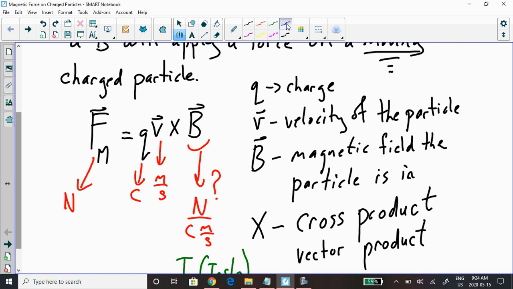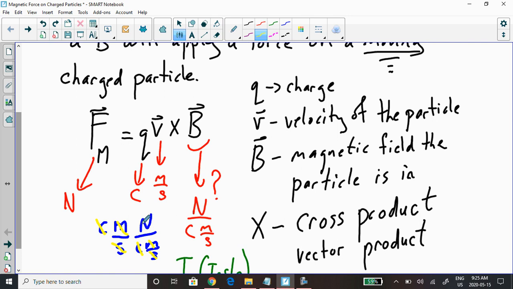Take a look here. If you have these two right here, and then you multiply it by that, right? Coulombs, meters per second in the denominator. Look, cancels, cancels, cancels, and you have Newton left.